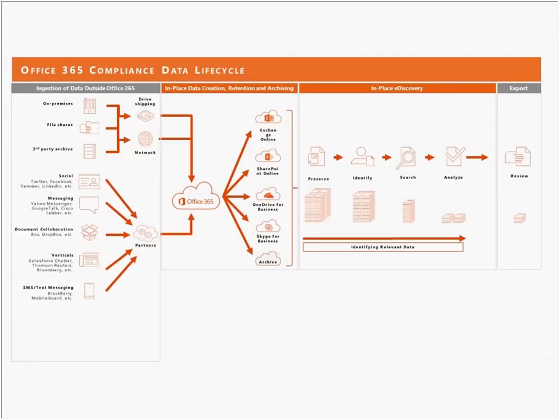One of the big things is that all of these tools are included in Office 365 with the user's licensing. Anytime they're on an enterprise license agreement, they have the ability to use the preservation and the searching tools. If they're on what's called an E5 license, which is the highest level of licensing, then they get the advanced eDiscovery analytics as well.